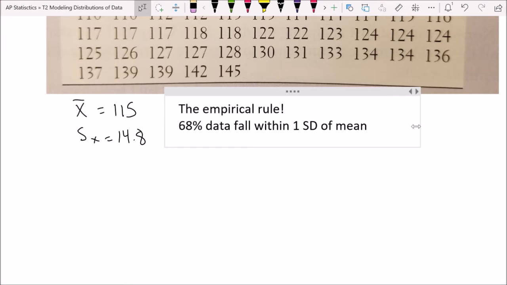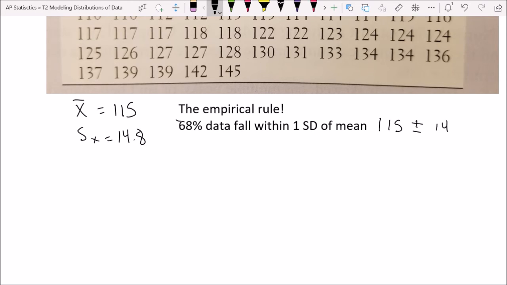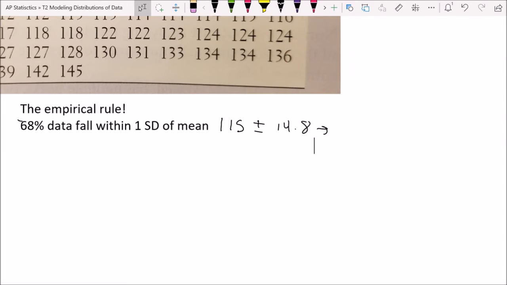The way I'm going to write that is 115 plus or minus 14.8. And what that gives me is the interval from 100.2 all the way up to 129.8.